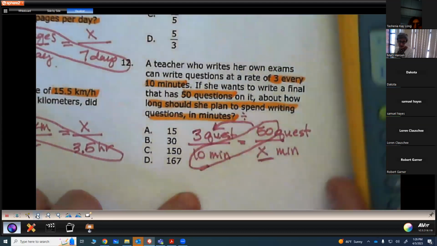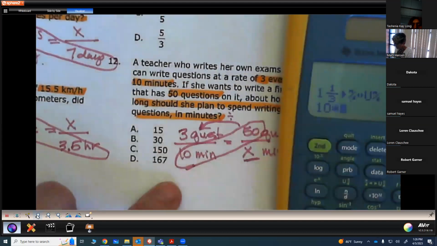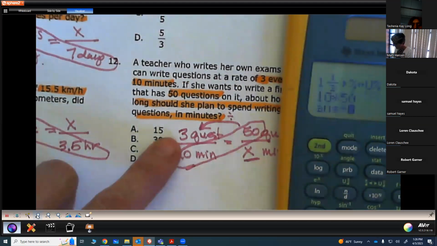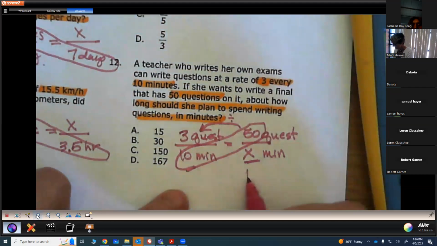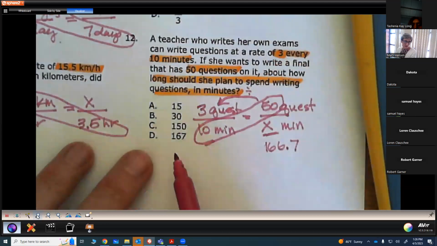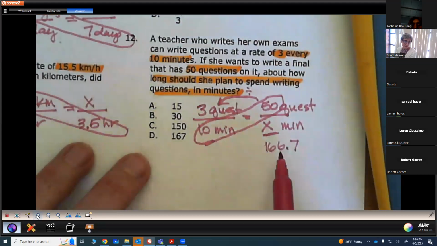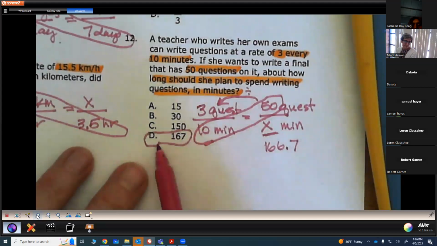And so I take 10 times 50, which is 500, and then I divide by 3. And that tells you what's missing down here, 166.7. And so the best answer, since they've rounded to the nearest minute, would be 167.